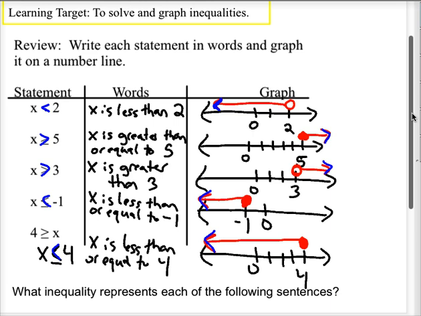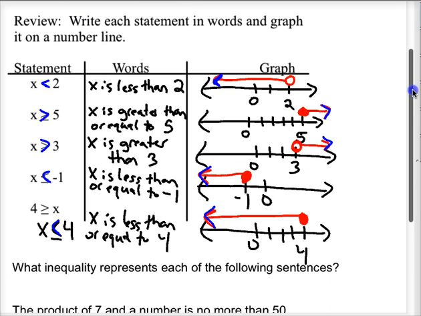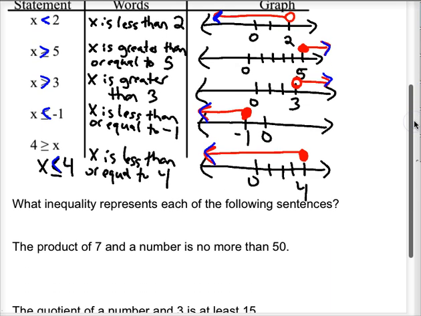All right, now, as we transition into these word problems, I'm going to come back to that chart, okay? Because there is some other vocabulary. The way that I worded it there is the way you will most commonly write it if you tried it yourself. But think about this scenario. The product of 7 and a number is no more than 50.